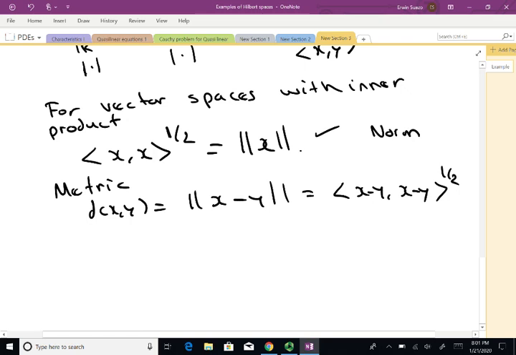And this is another definition: a metric space.